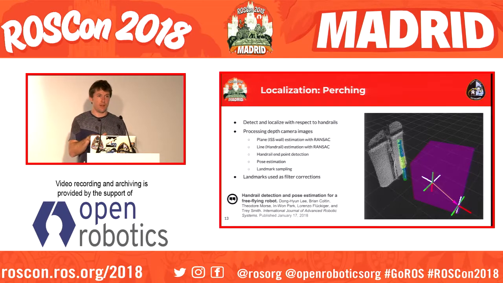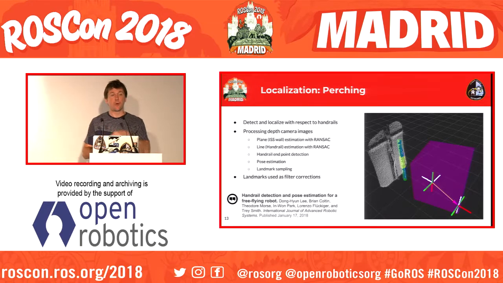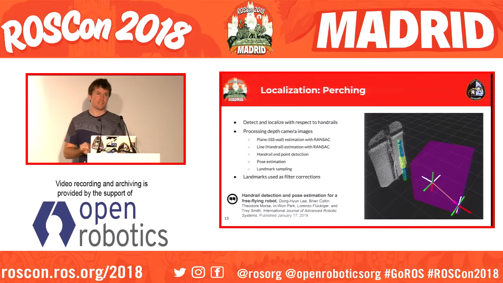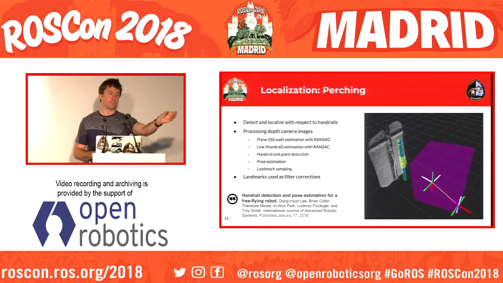We haven't gone to the extent of doing extrinsic calibration with the RGB camera to get alignment of the two frames. We then detect the end caps of the handrail, and we do pose estimation of the handrail in our depth camera frame. And then once again, those are features that then get sent to the estimator, and it uses that information to localize relative to the handrail and provide a precise inbound perching procedure.